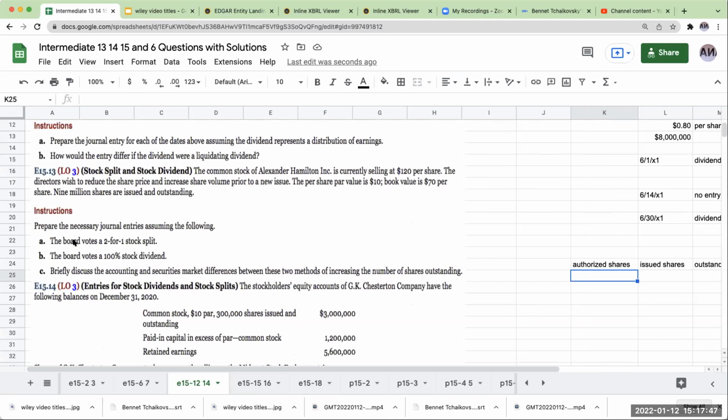The other part is, why do companies do a stock split? A company will do a stock split mainly because, and you'll see companies do this all the time, for example Tesla, if your stock gets up to a price which becomes formidable, meaning that if my shares are trading at $1,000 a share, it's going to be really hard for investors to buy those stocks, although now you can buy fractional shares.